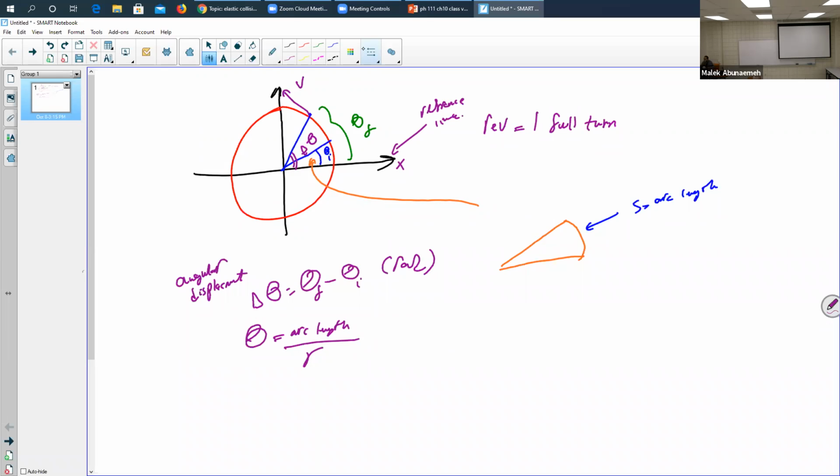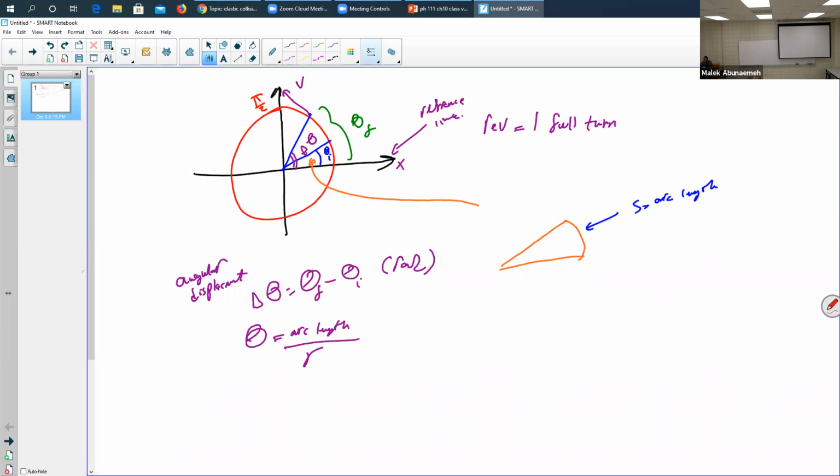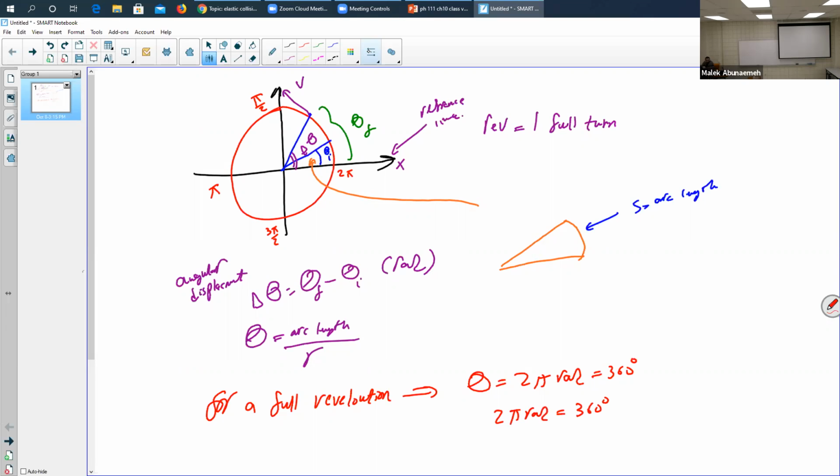You go from 0 to pi over 2, to pi, to 3 pi over 2, back to 2 pi. So for a full revolution, your theta is going to equal 2 pi radians, not radius, radians, which is 360 degrees. So 2 pi radians equals 360 degrees.